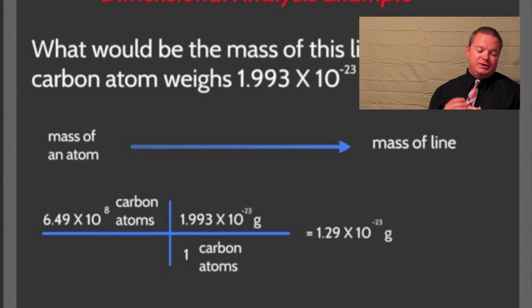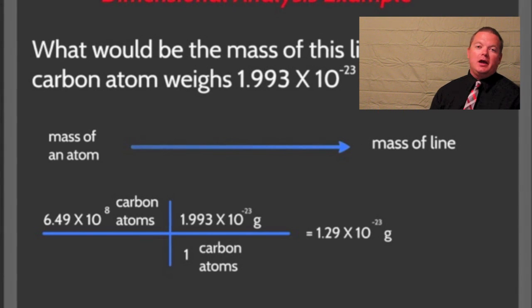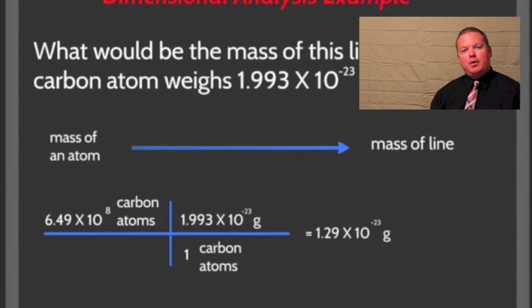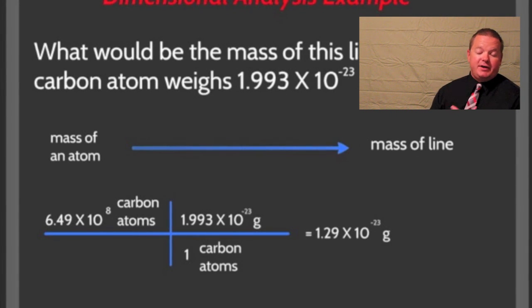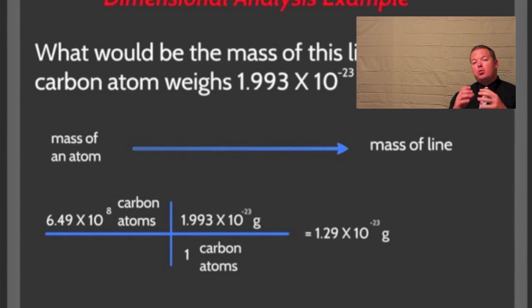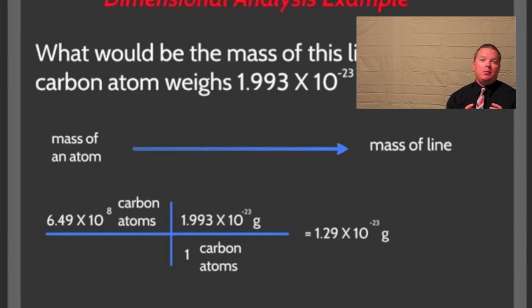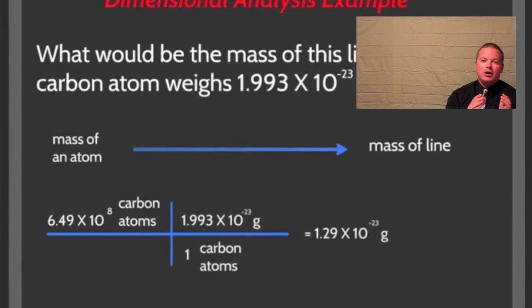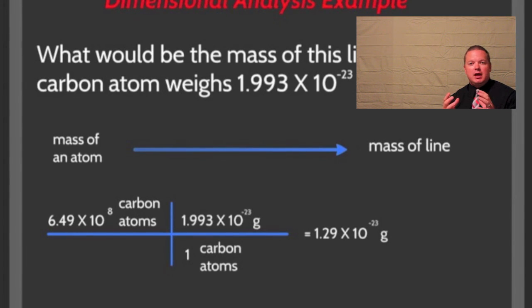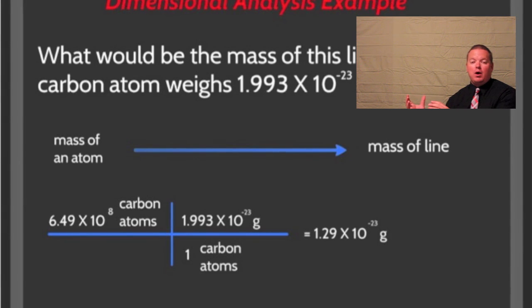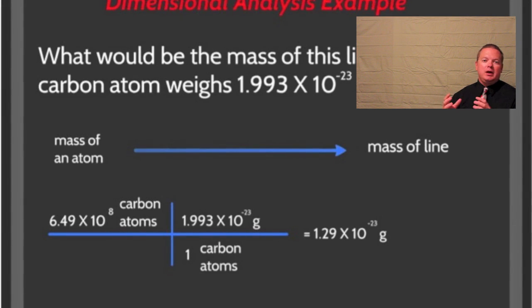If we do this problem, we get 1.2 times 10 to the negative 23 grams as what that 100 millimeter line would weigh if it was made up of those 6.49 times 10 to the 8th carbon atoms. So even if we don't understand the words in the problem or the underlying chemistry involved, if we follow our units in this dimensional analysis scheme, from what we start with to what we want, then our answer should be correct.